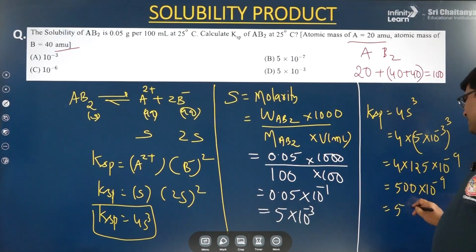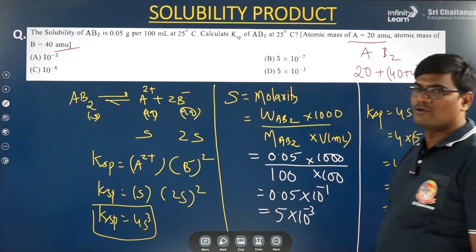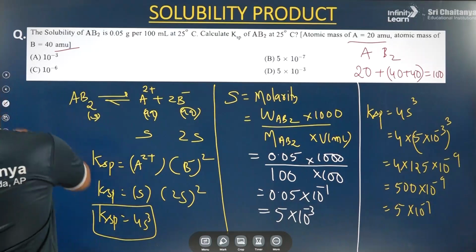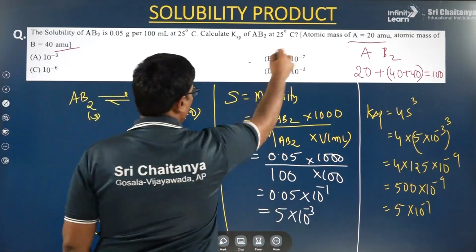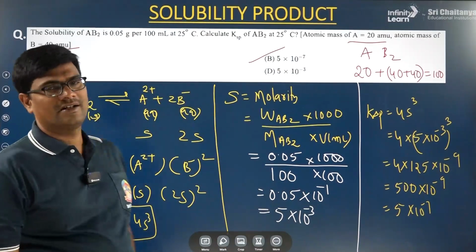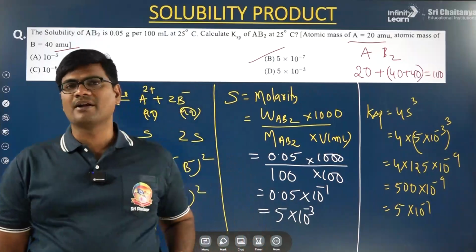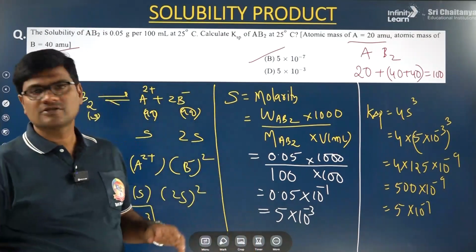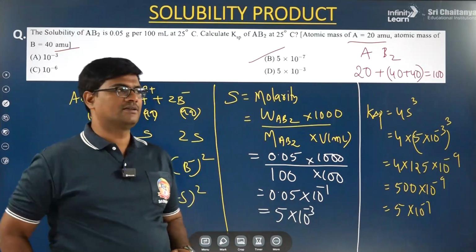This value becomes 5 into 10 power minus 7 mole per liter whole cube. So the right answer is 5 into 10 power minus 7, option B. This is the calculation of solubility product, but they have given data, so we need to correlate the data and substitute it properly to write the right answer.